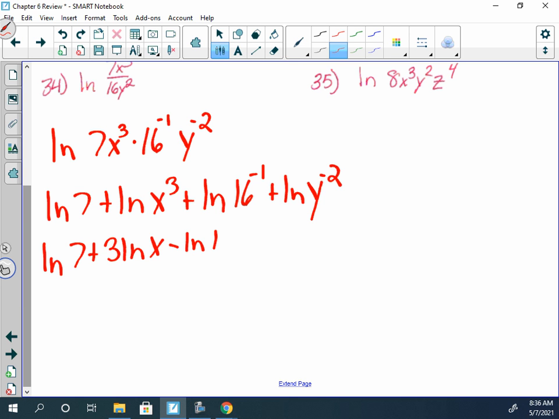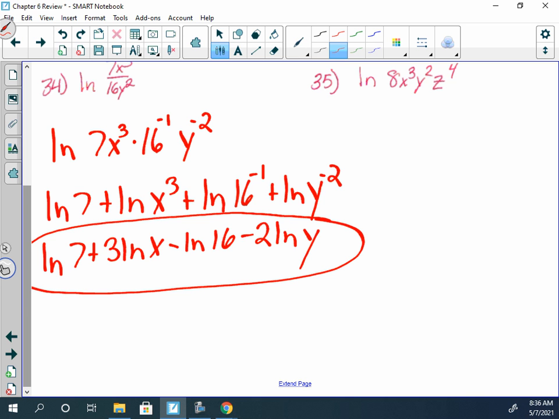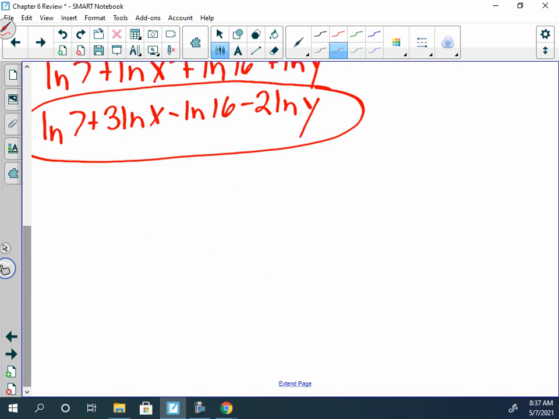Minus ln of 16, and I will take this here. And I think that's what the back of the answer key says. Yep.